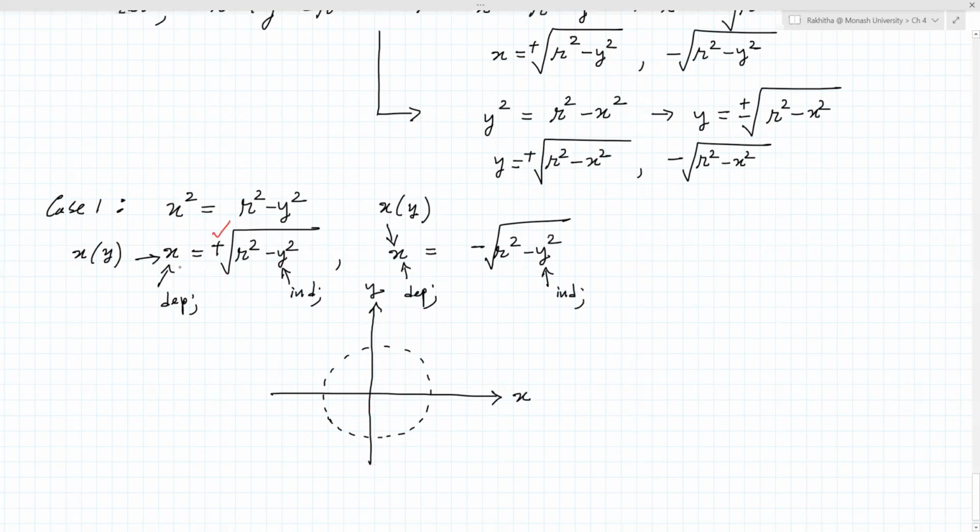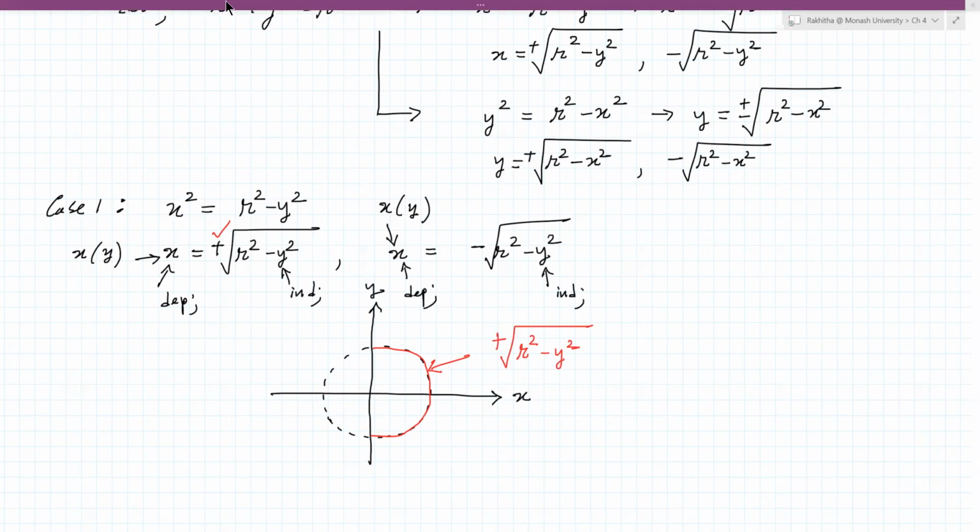So this equation talks about this part. This one would be the square root of r squared minus y squared, positive value. I hope you understand.